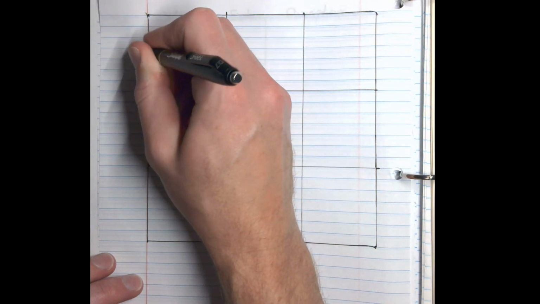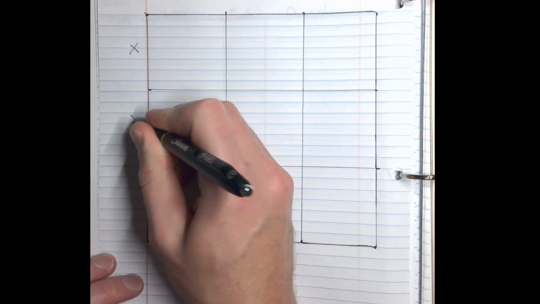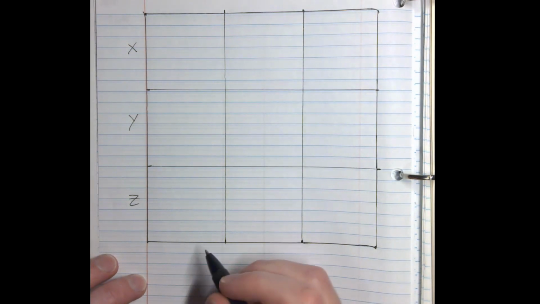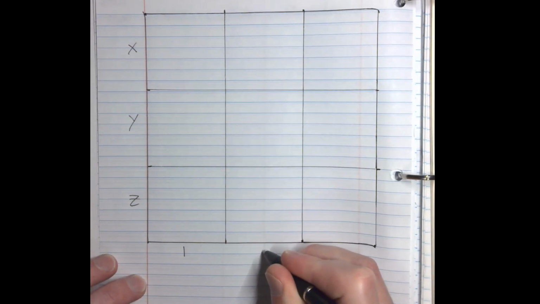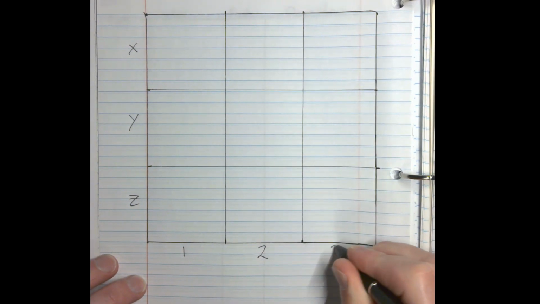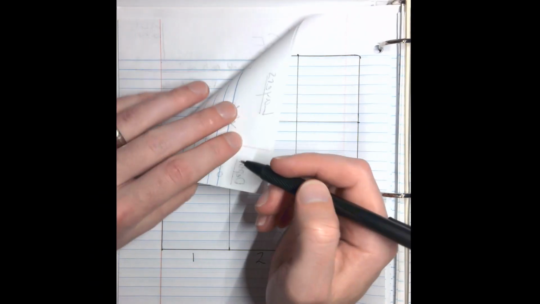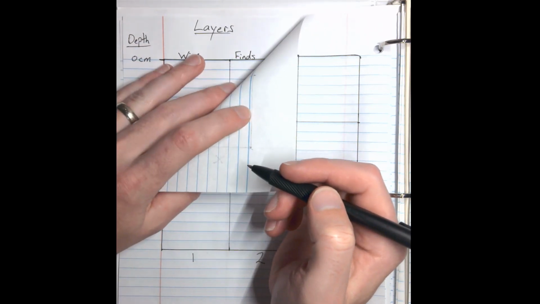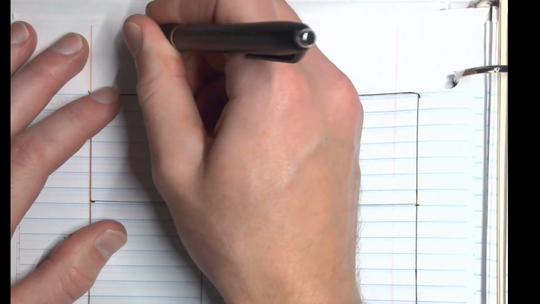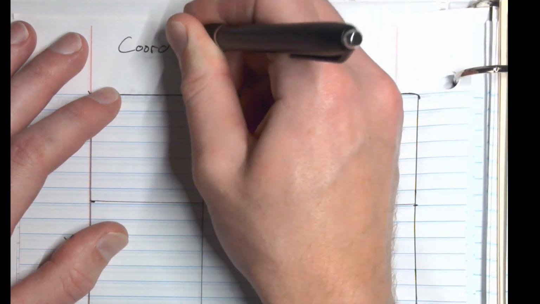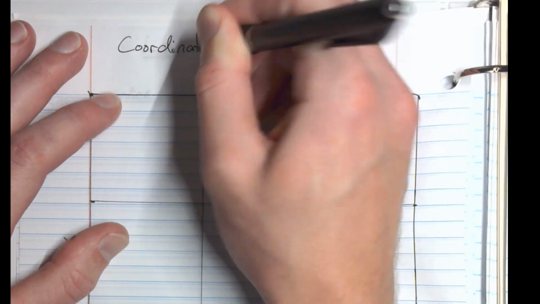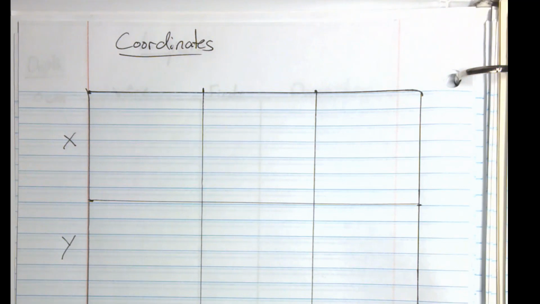So let's go X, Y, Z, and then at the bottom, I'm gonna put 1, 2, 3. Alright, at the top up here, just like the last one, we had layers. This one's gonna have coordinates. So let's write coordinates up there.